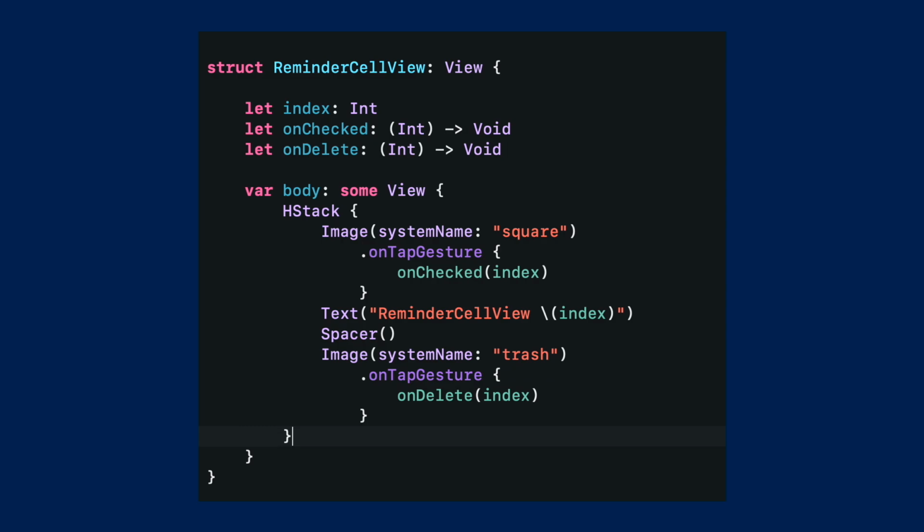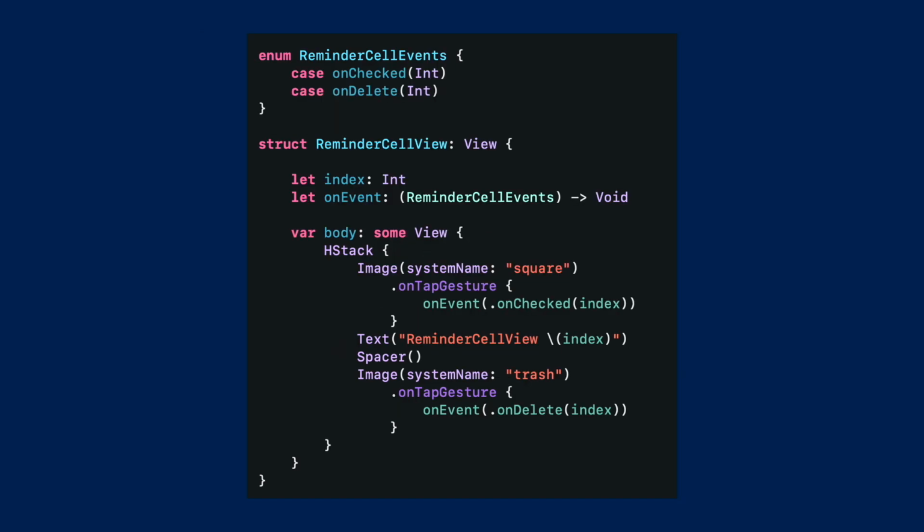But if I go to 3 or 4 or 5, then it becomes messy, both on this side and on the calling side. So what we can do is, how about we take those and put them into the reminder cell events, like an enum. And then the reminder cell view can just have the enum, and then it can just use that.